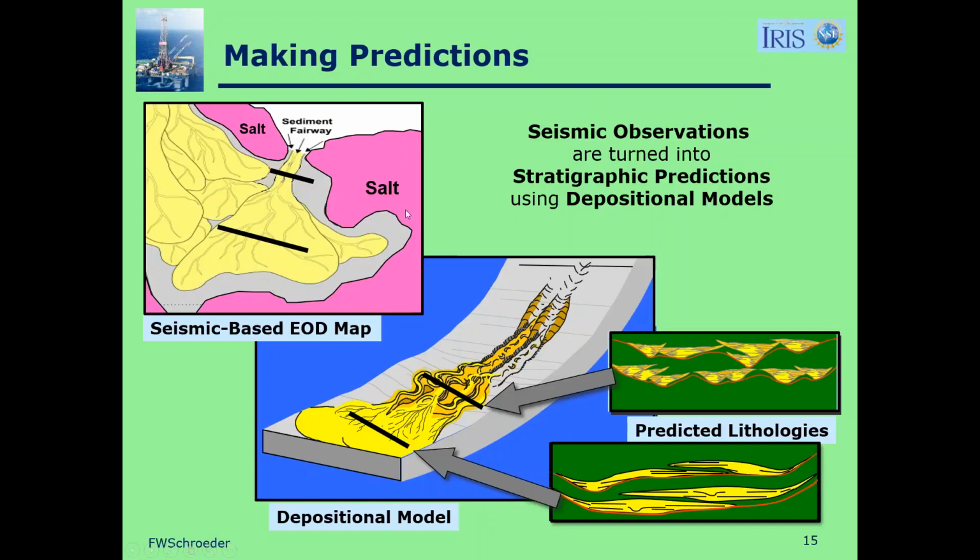And so if we were to see something like this, we would use a depositional model such as this one. And if we're in the upper parts where it's a little bit more confined, we might think we're in the upper part of this conceptual model. And in this conceptual model, if I drew a cross section here, you can see how the sands are distributed. The better reservoir quality are the yellow sands.